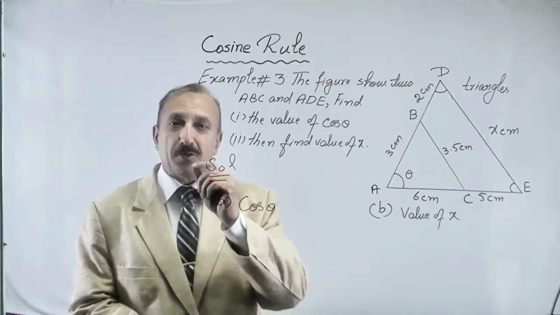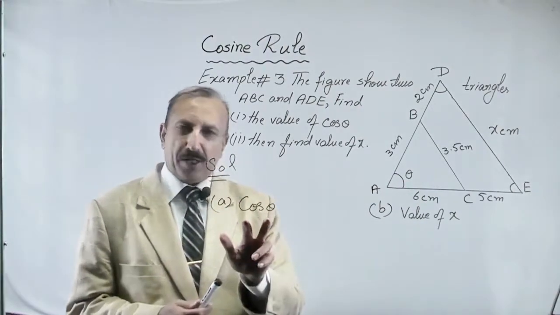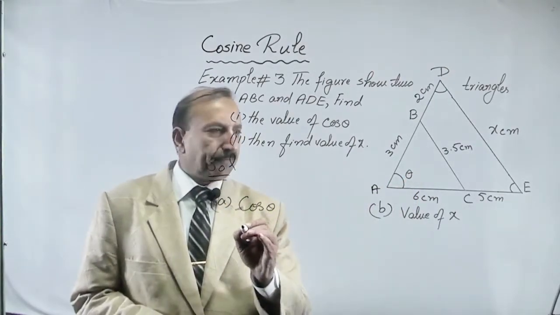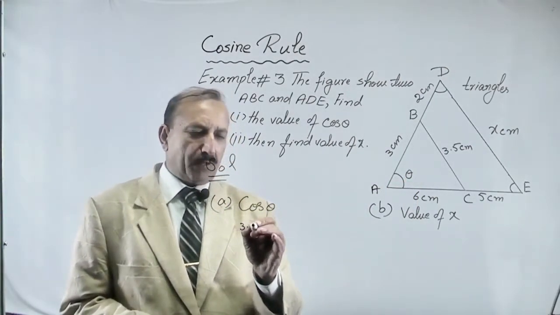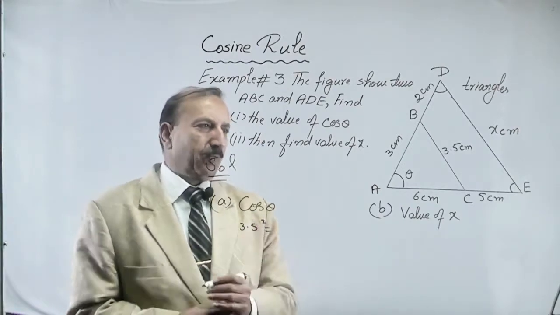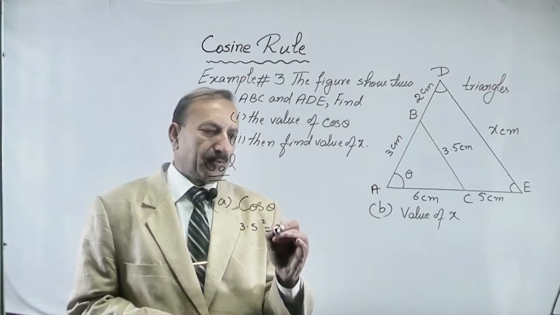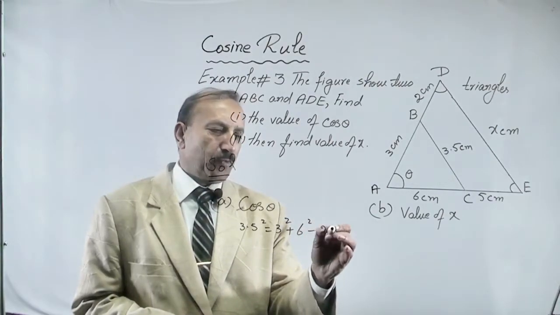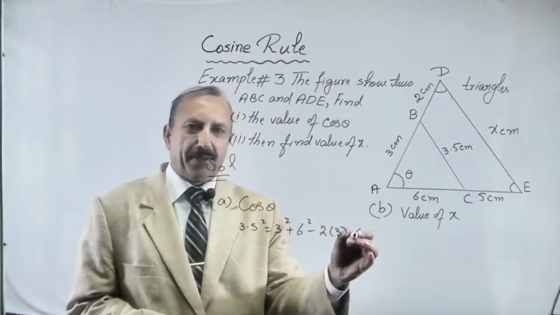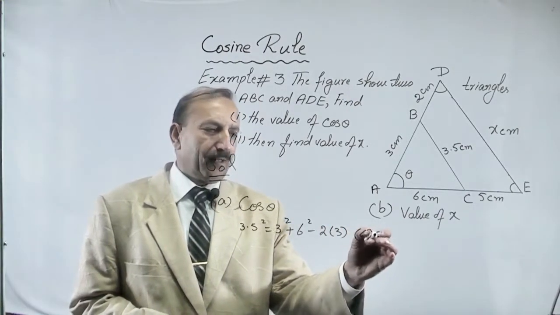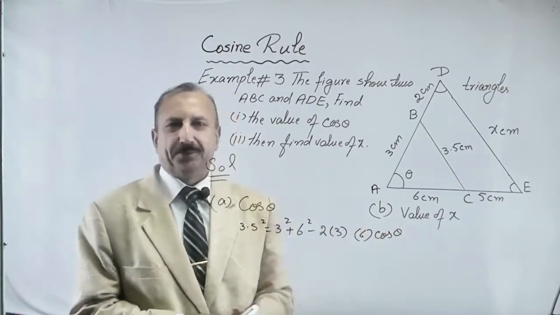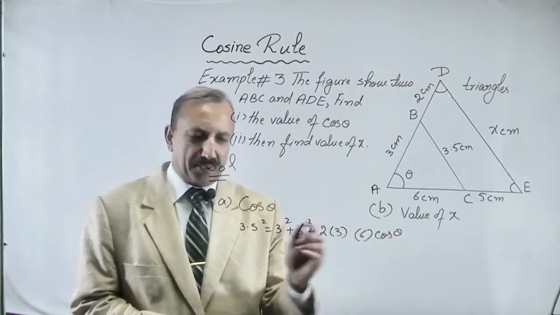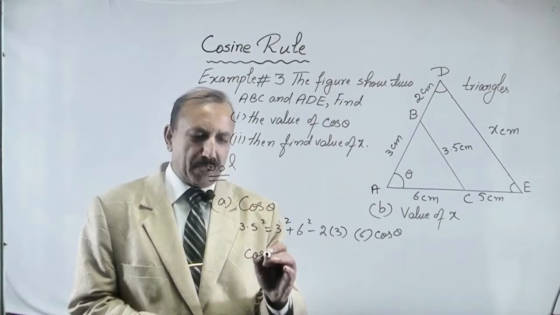My dear student, you are supposed to complete it. For cosine of theta, I'm going to write it like this: 3.5 squared equals 3 squared plus 6 squared minus 2 into 3 into 6 into cosine of theta. And now let's make cosine theta the subject, and then you will carry on your calculation.